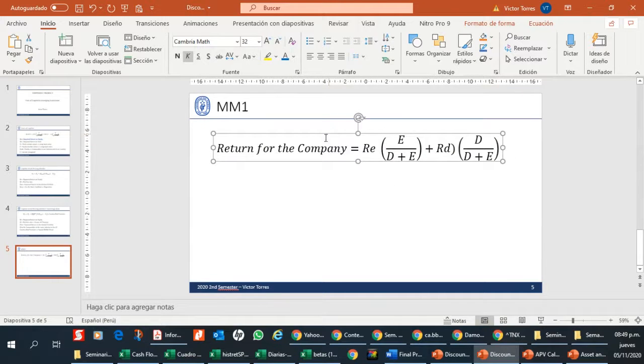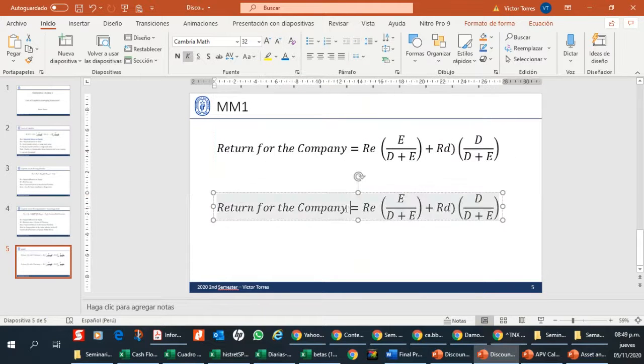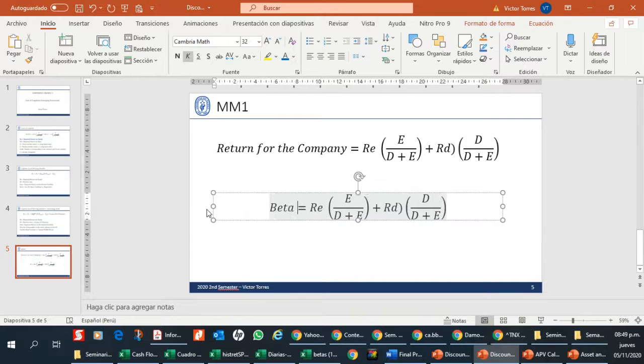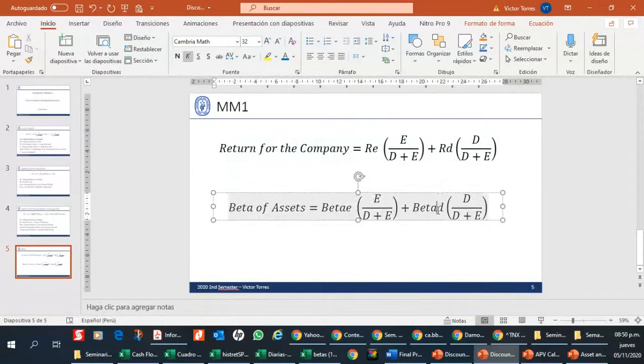We said we can calculate what's going on for the assets of the company. And once again, Modigliani and Miller 1 says that there are no taxes, and this thing is going to be beta, and this thing is also going to be beta. So what we said when we were talking about Modigliani and Miller 1, right?